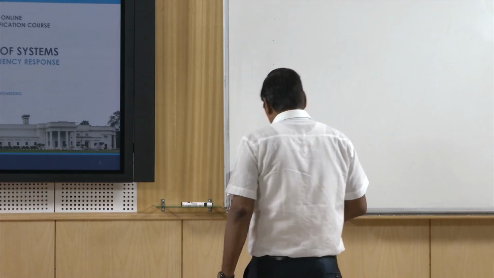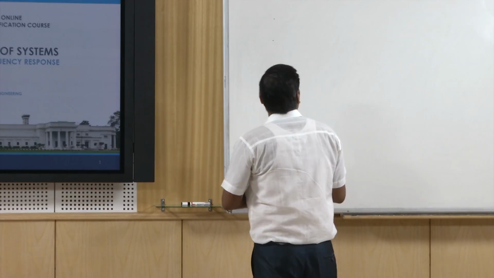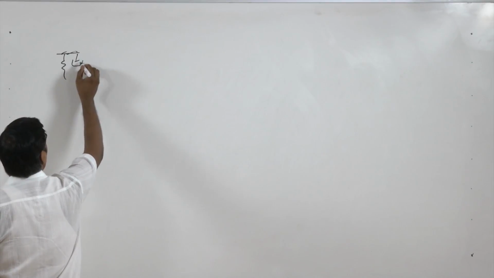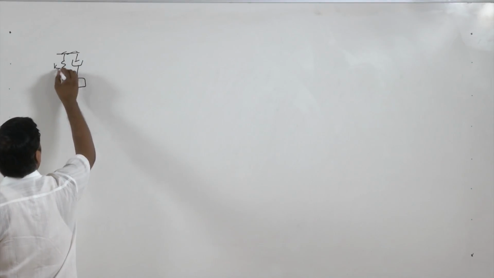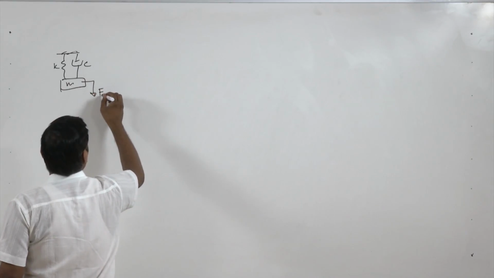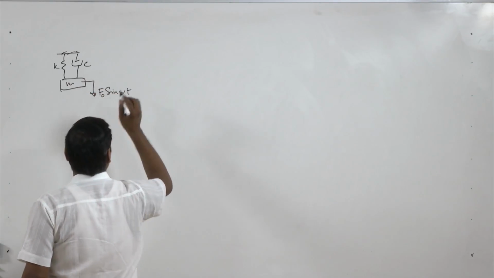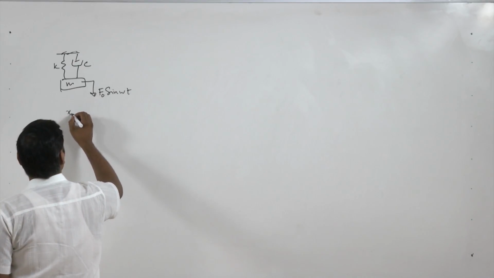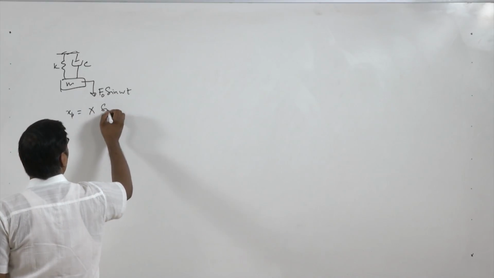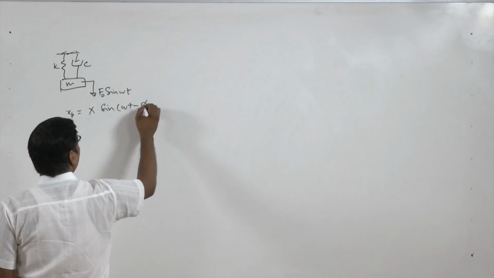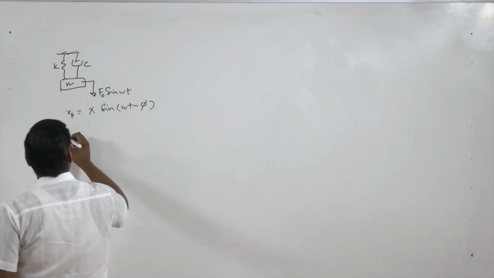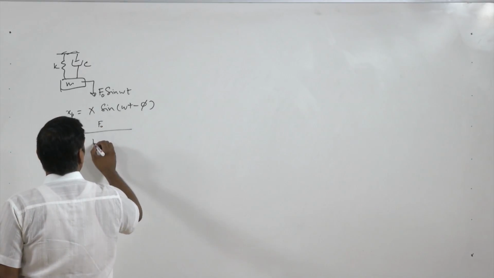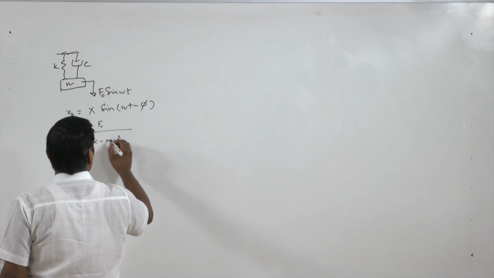So we write the equation. So this was our system, a spring mass damper system subjected to some force F0 sine omega t. And here we found that xp, the steady state part, is X sine omega t minus phi, and here X was given as F0 upon k minus m omega square.